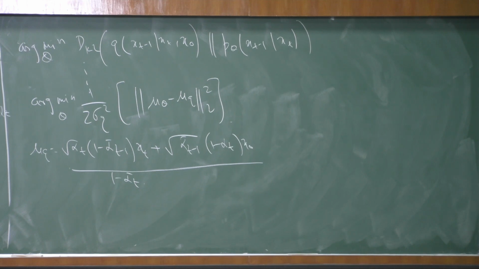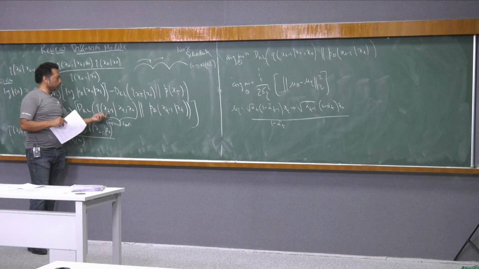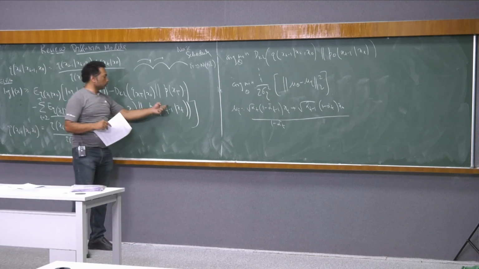Looking at this, we want to understand what could be the template for this normal distribution, looking at its mean and variance. What could be the correct choice?